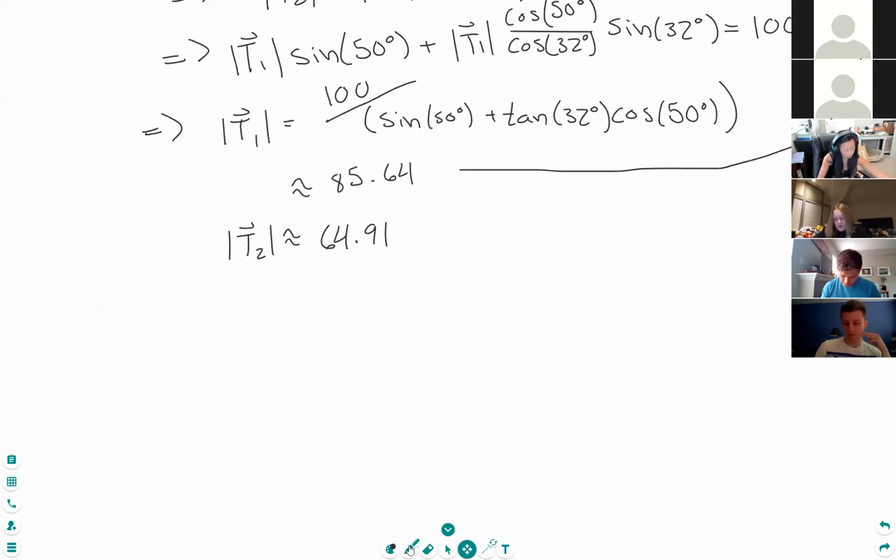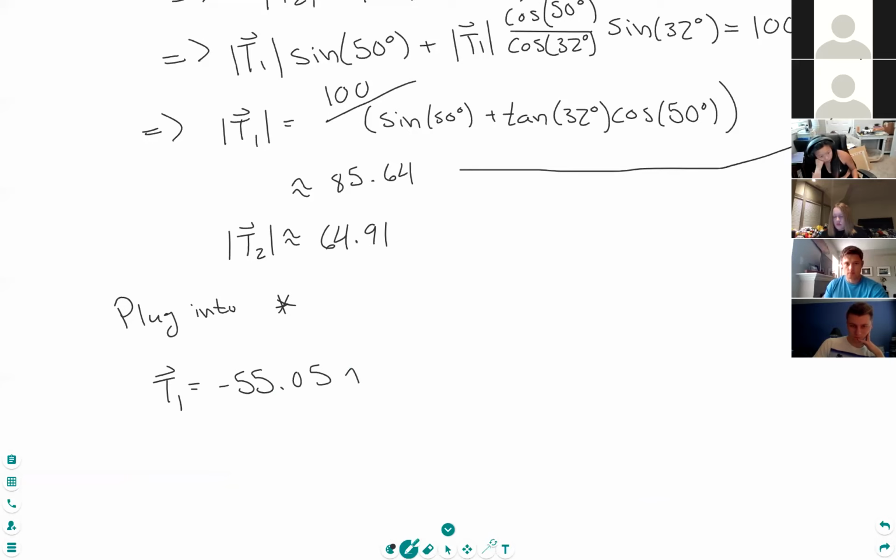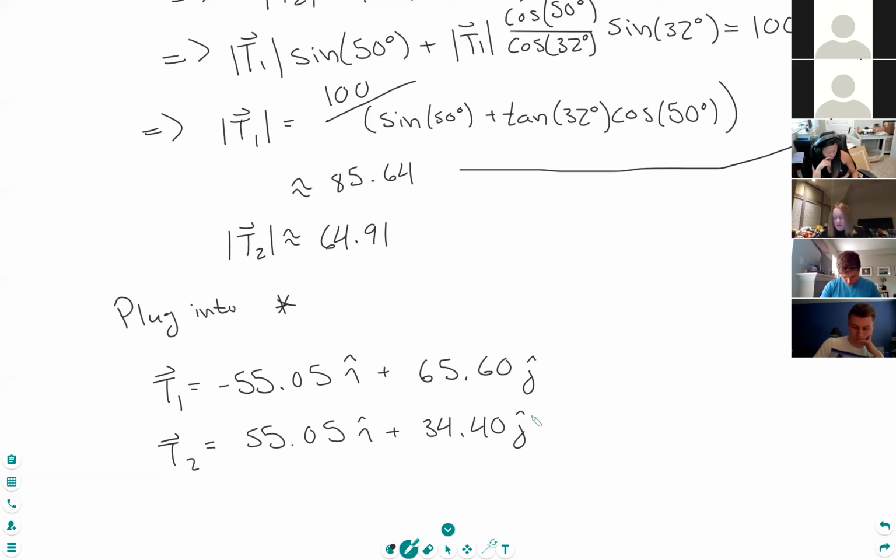So we plug these back into star, and we'll get that T1 is equal to negative 55.05 i hat plus 65.60 j hat, and I'll get that T2 is 55.05 i hat plus 34.40 j hat. Okay, so that is our final answer.